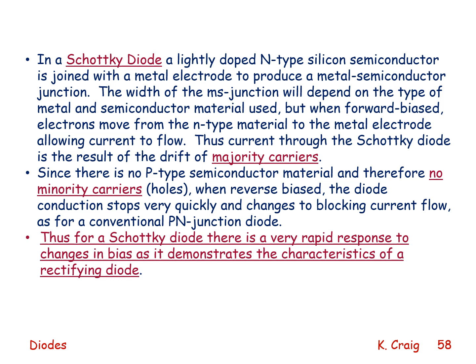Since there is no p-type semiconductor material and therefore no minority carriers, holes, when reverse biased, the diode conduction stops very quickly and changes to blocking current flow as for a conventional p-n junction diode. Thus, for a Schottky diode, there is a very rapid response to changes in bias as it demonstrates the characteristics of a rectifying diode.